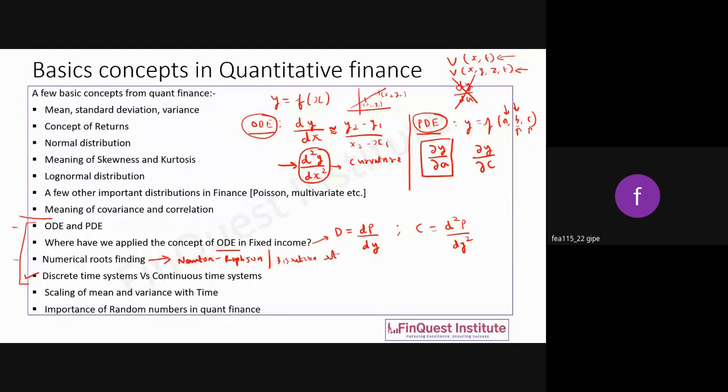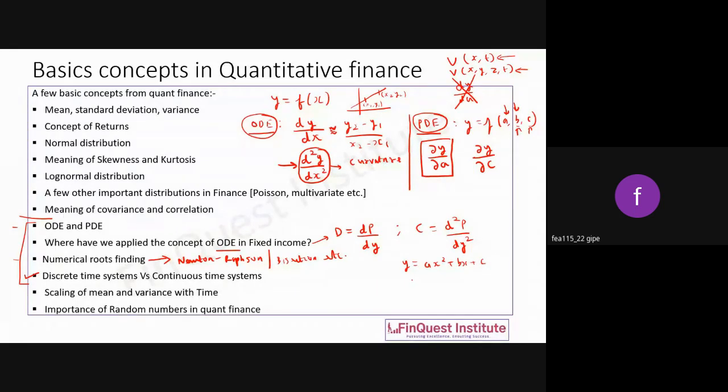To give you an idea of where numerical root finding gets used, even the simplest form of quadratic which we solve is nothing but a root finding technique. Whenever we have something like y equal to ax square plus bx plus c, we have a ready solution for this, isn't it?